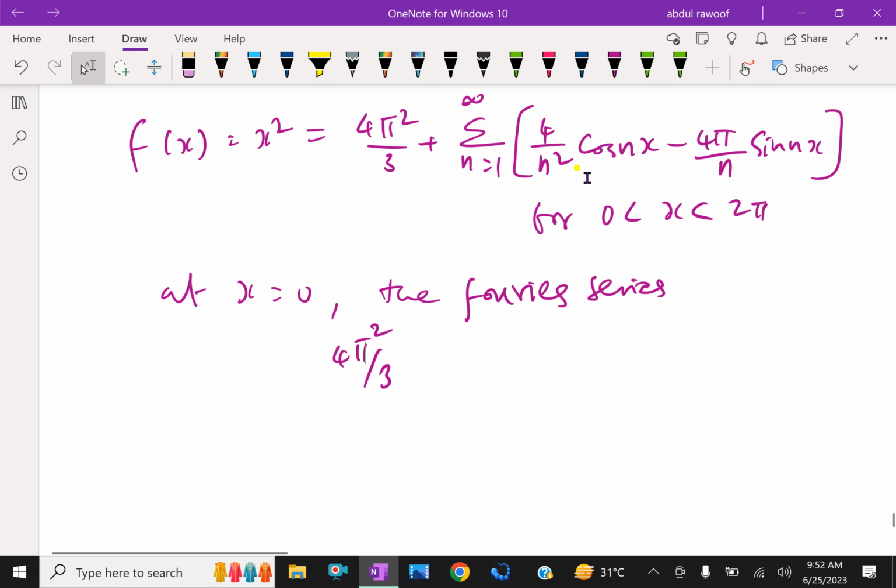Here sin 0 is 0, so 4 pi squared by 3 plus sigma n equal to 1 to infinity of 4 over n square.